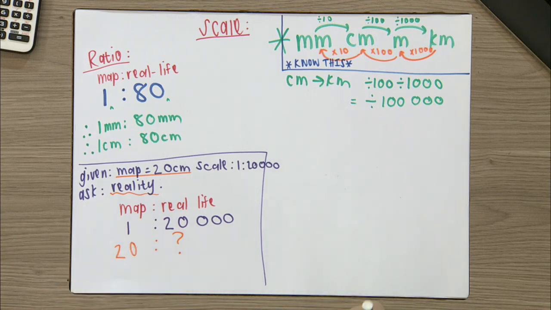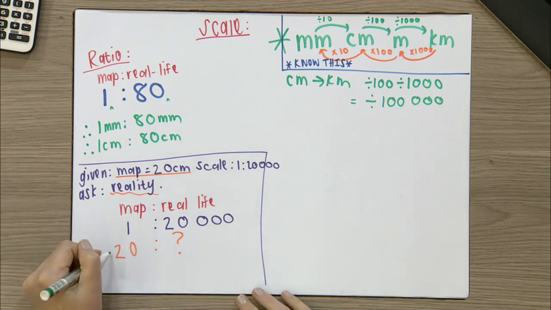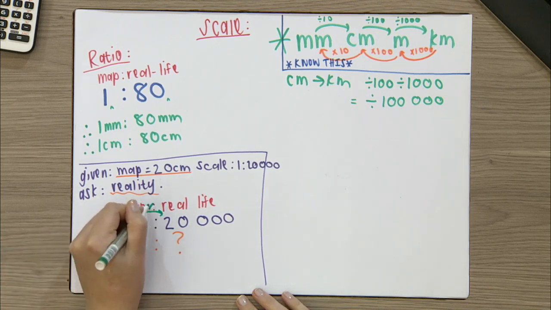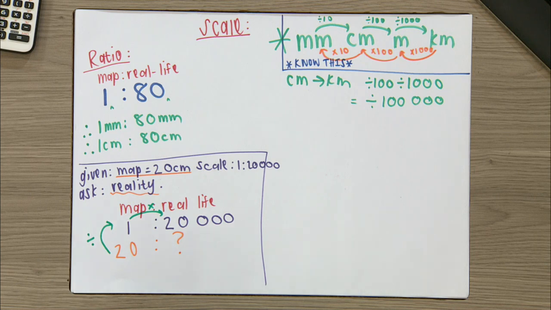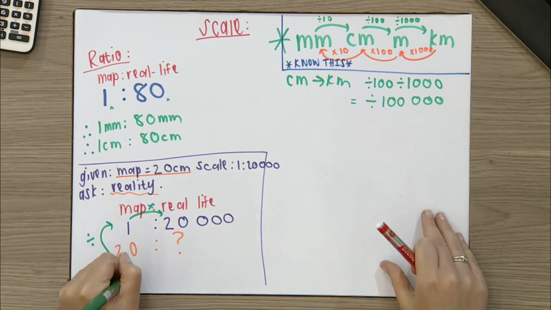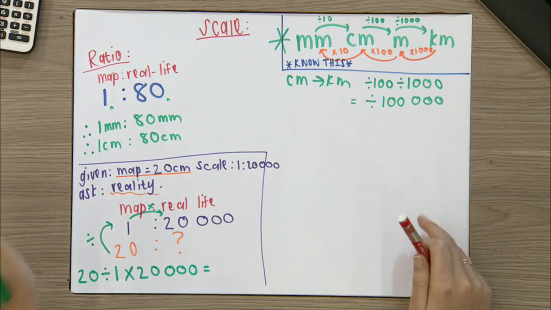So then if we use the magic method, we see we have 4 things of which one is unknown. So I will divide up and multiply across. So therefore, 20 divided by 1, we should know that will give us 20, times 20,000, which is the scale.